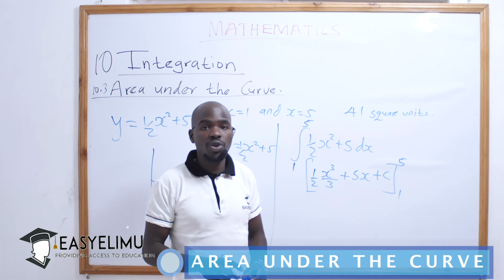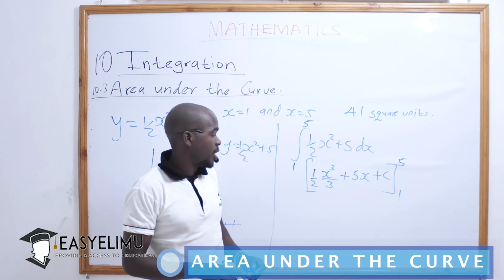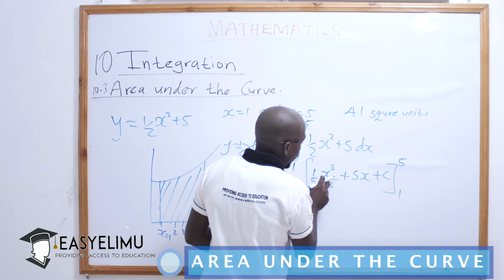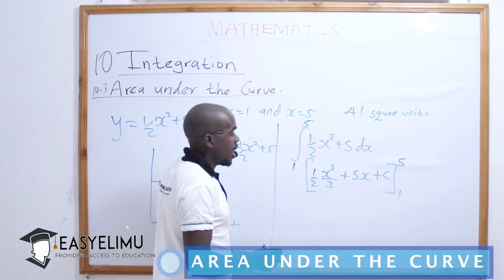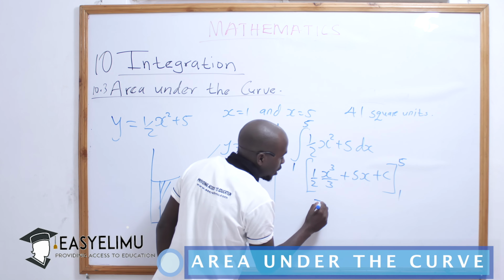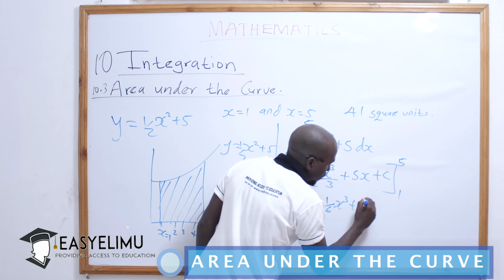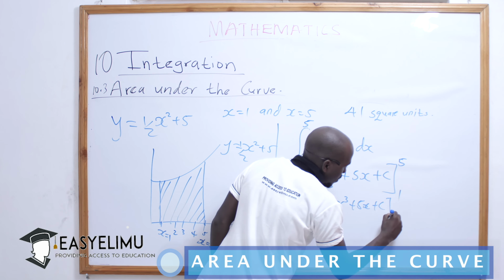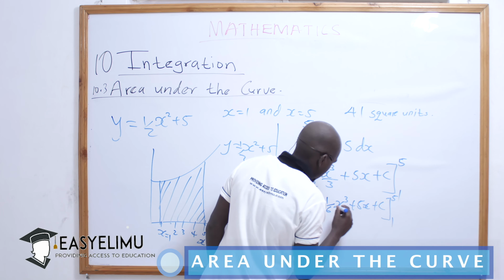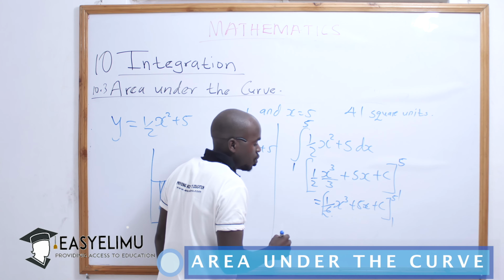The lower one means we shall subtract what we find with that one. So here we shall replace x: 1 over 6 x cubed plus 5x plus c, from 5 to 1.